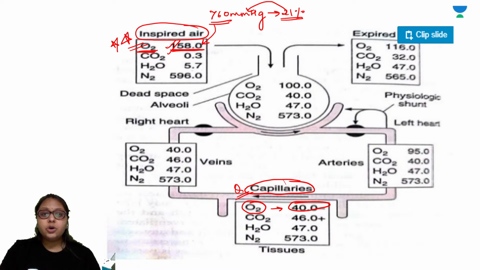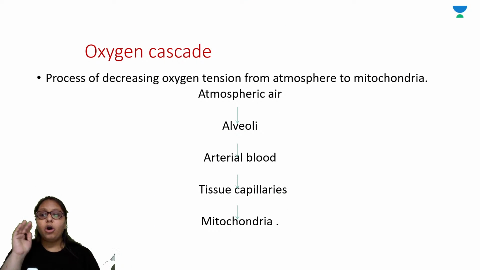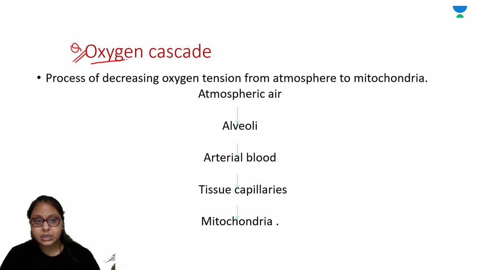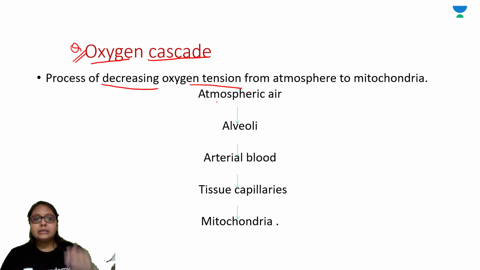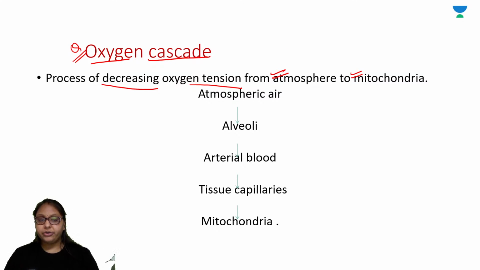So that is known as the oxygen cascade. This is also a very important point. So what is the oxygen cascade? Basically, it is the process of decreasing oxygen tension from the atmosphere to the mitochondria.